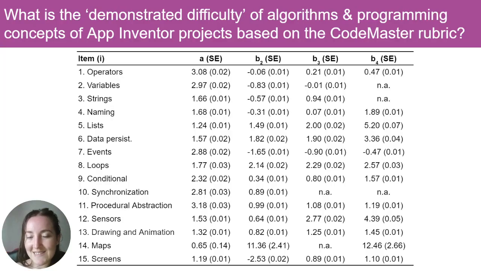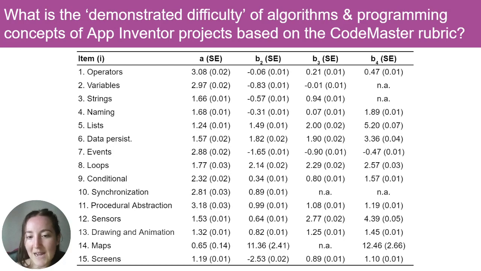In order to analyze the demonstrated difficulty of algorithms and programming concepts of App Inventor projects based on the Codemaster rubric, we use the item response theory graded response model proposed by Samejima. IRT allows analyzing item properties such as difficulty and discrimination.